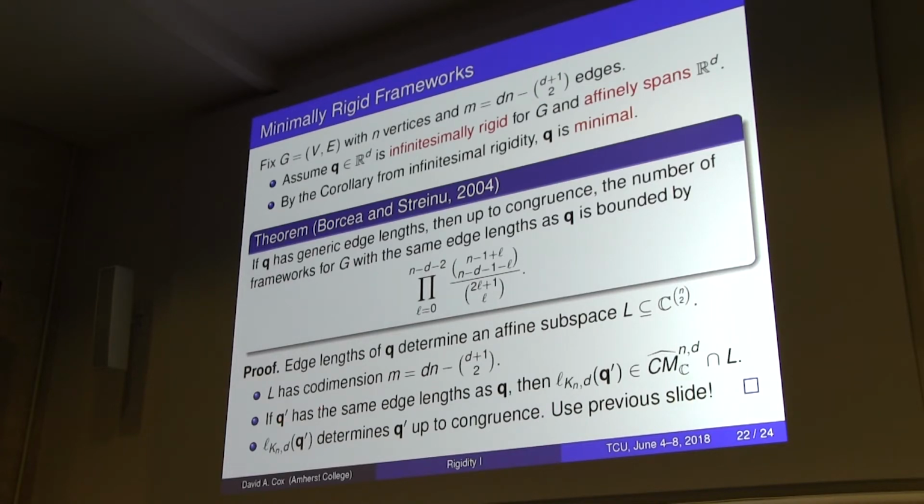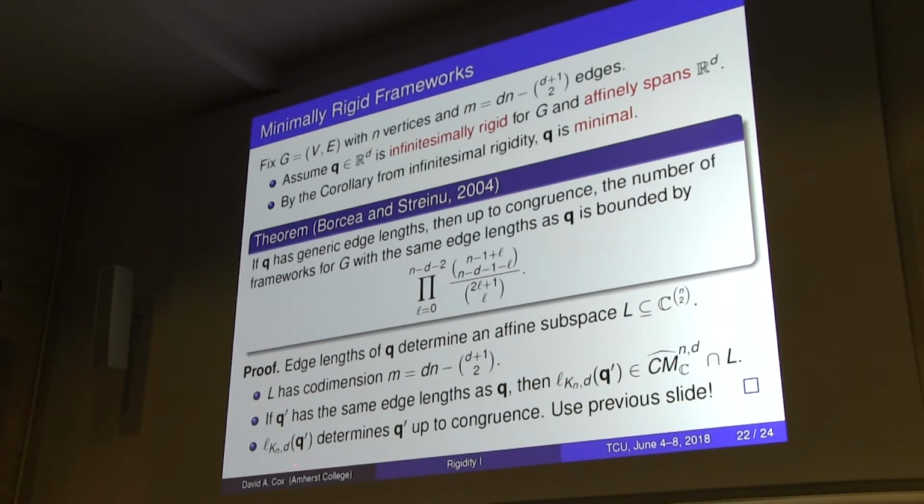And the point is that if this Q prime has the same edge lengths as Q, well, when I look at my map, it certainly lies in the Cayley-Menger variety, but it also, because it has the same edge lengths as Q, that's exactly what puts it in F. And so this intersection contains all these guys, and that gives a bound on how many of these there are.